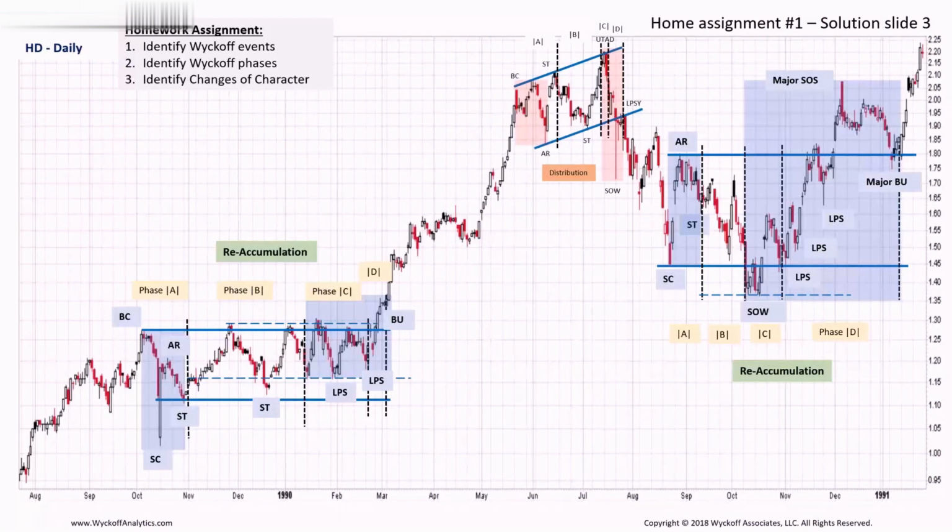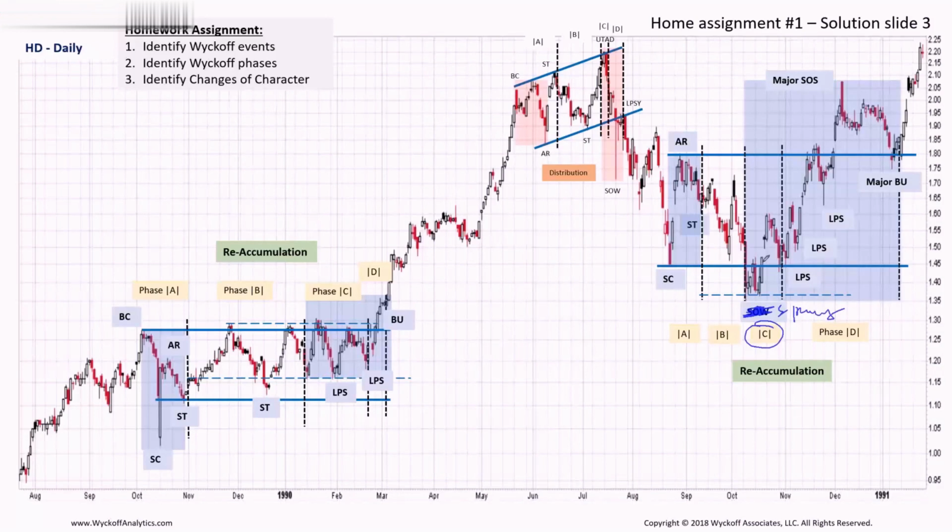Okay, Roman, do you hear me? Yes. Okay, my question is why sign of weakness instead of spring, in the phase of the accumulation? Yeah, this is a mistake right here. Okay, so if we're talking about phase C, this should be a spring.